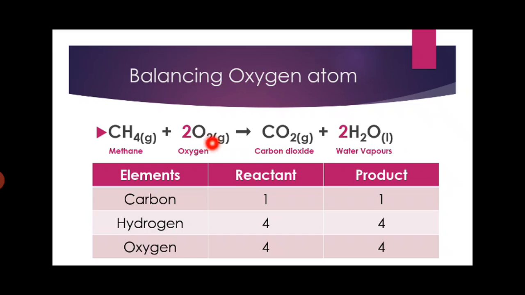We have 1 carbon on the reactant side and 1 carbon on the product side, 4 hydrogen on the reactant side, 2 into 2, 4 hydrogen on the product side, 2 into 2, 4 oxygen on the reactant side, and 2 into 1 plus 2 makes 4 oxygen on the product side.